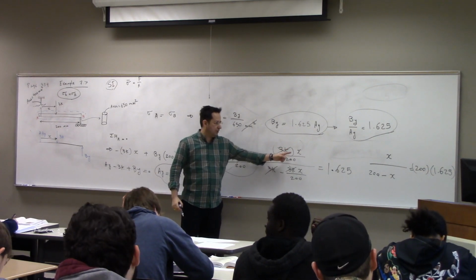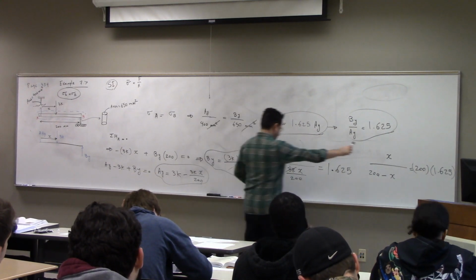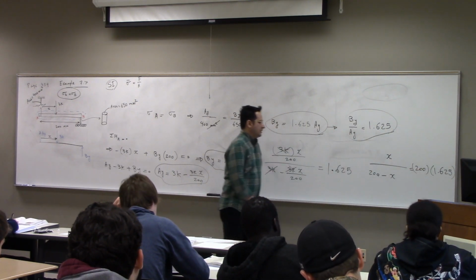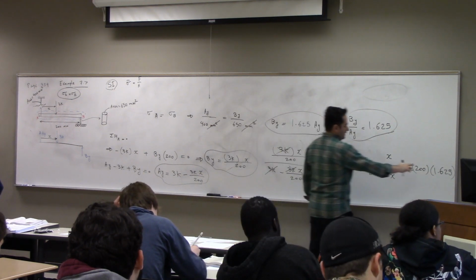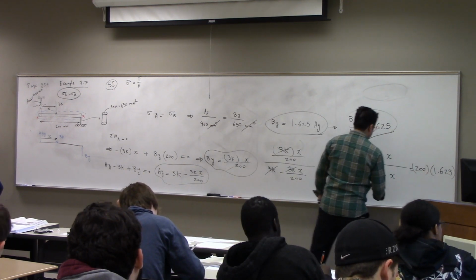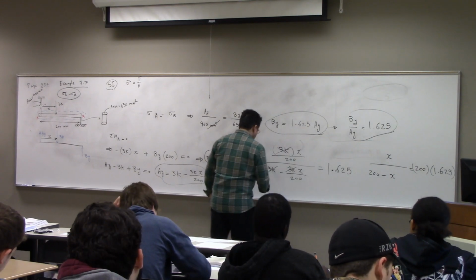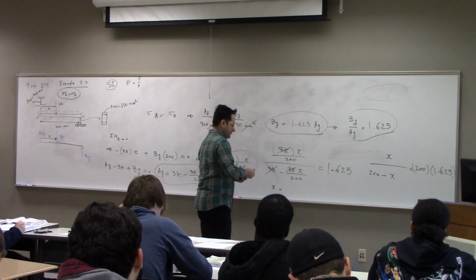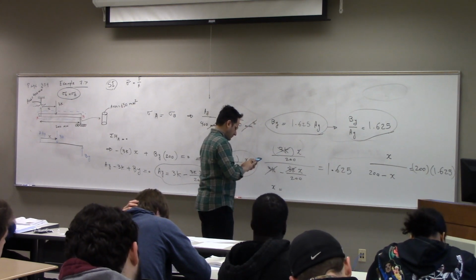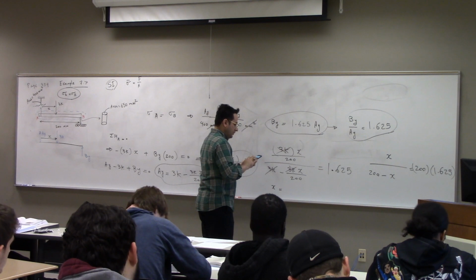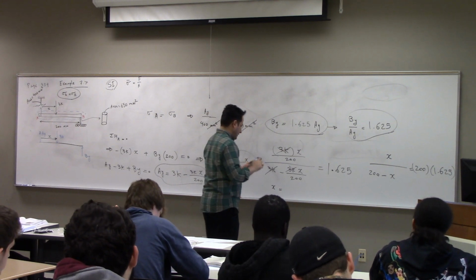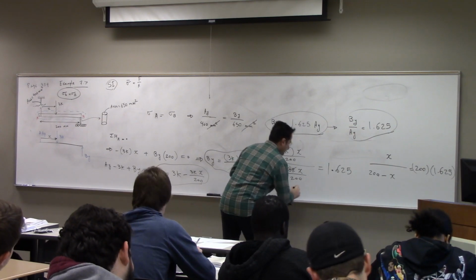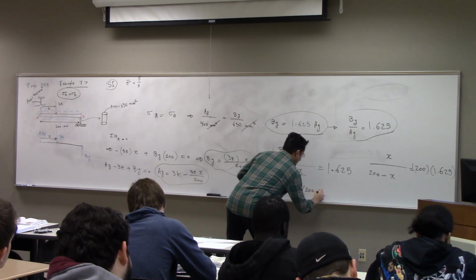And then you multiply by 200, then you get x over 200 minus x is equal to 200 times 1.625. Then you take this to the right, so you can say x is equal to 325 times 200 minus x.